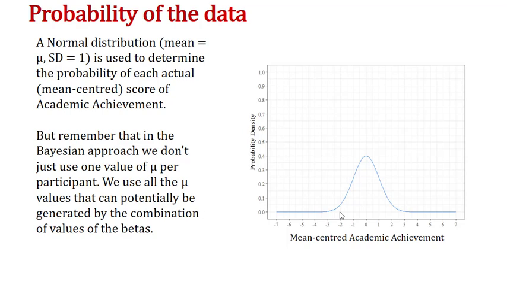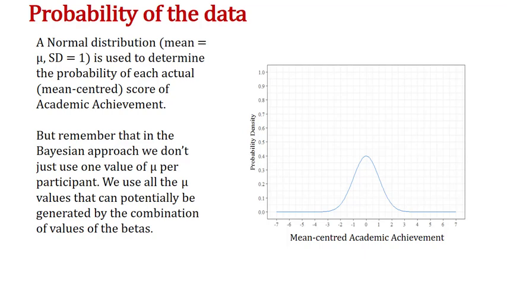But remember that we are going to calculate it for each. Instead of calculating the likelihood of a score given a mu value, we are going to have an infinite number of mu's, because the mu's will be calculated with the betas. As I told you before, betas will have a prior distribution over possible values.